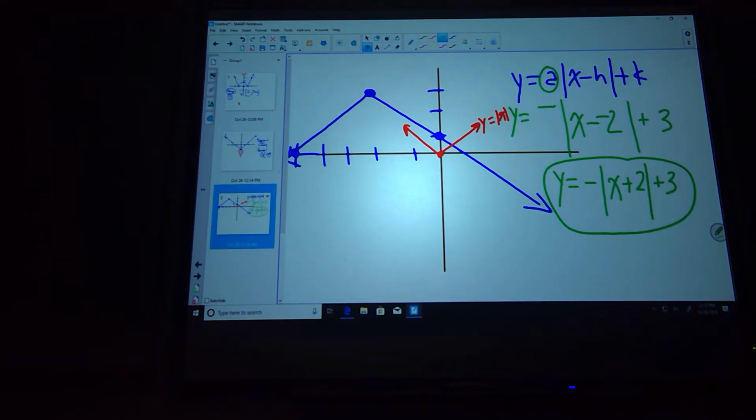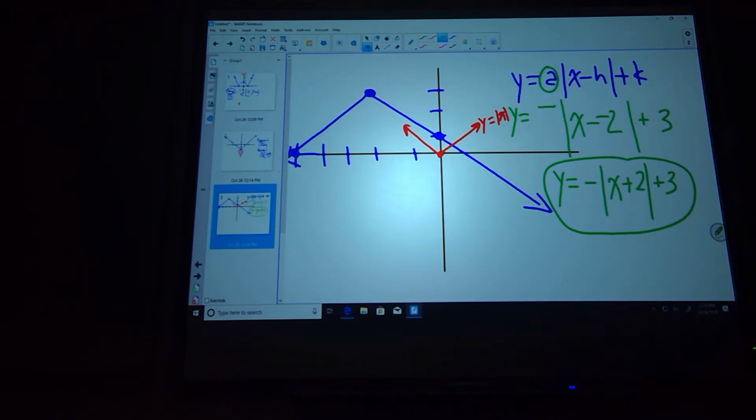So you might see that it shifts right 2 and up 3. It shifts left 2 and up 3. It shifts down 2 and right 3. So this shifts left 2 and up 3, right? And then it flips it over.